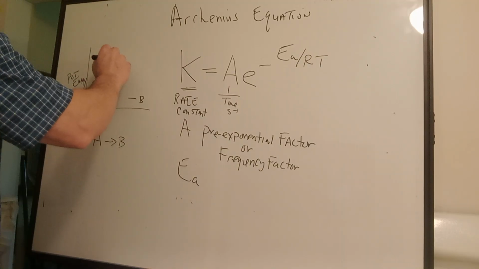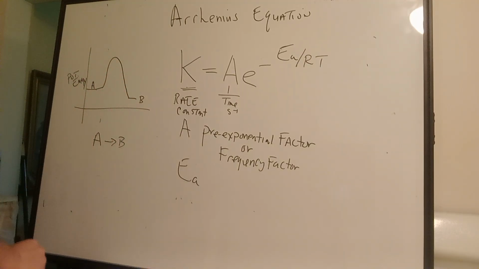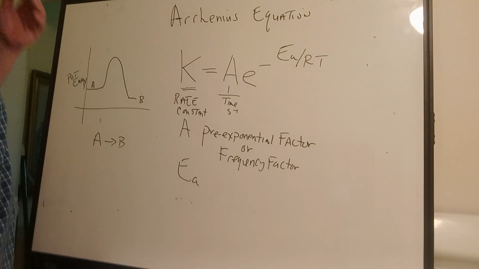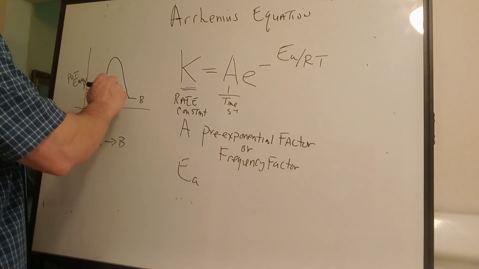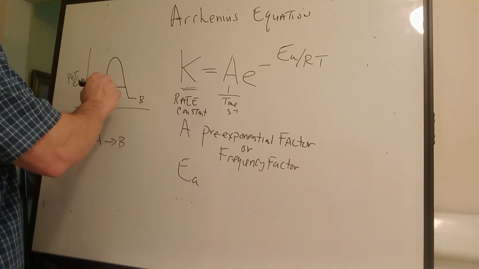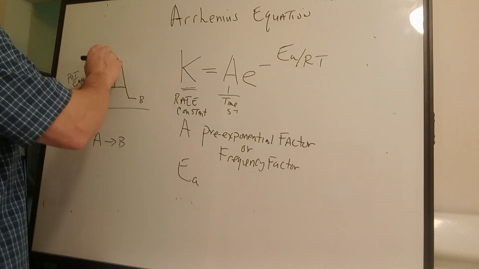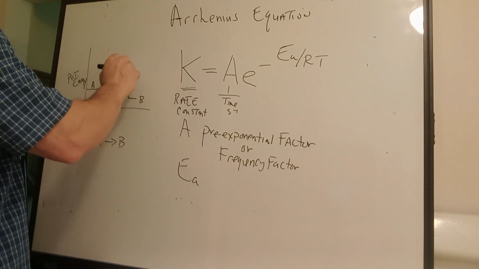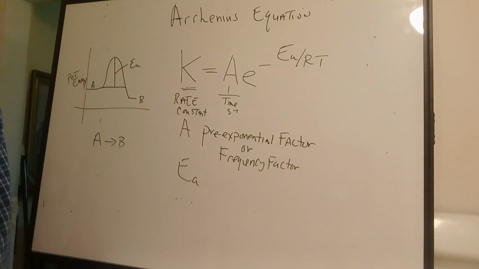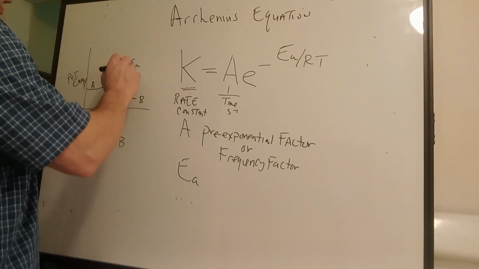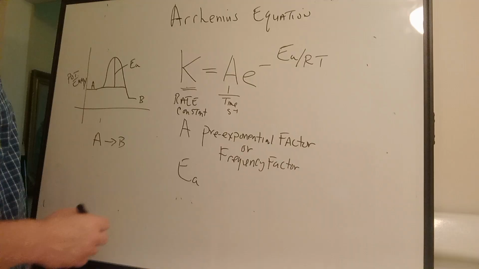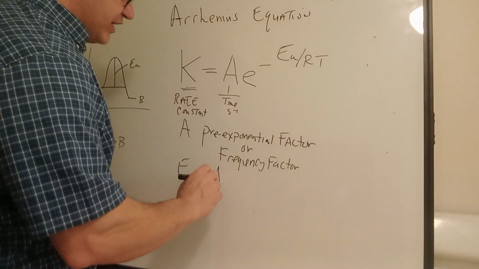There's a hump in energy as the molecule or molecules react that represents a barrier that you have to get over. We'll talk about more of the details of that in a second, but if you draw a line across like that, this height here is the activation energy. We're only going to focus on the forward reaction going from A to B. So that would be the activation energy for the forward reaction formally. So we call this activation energy.